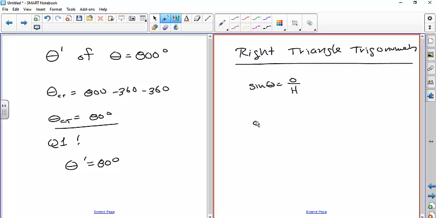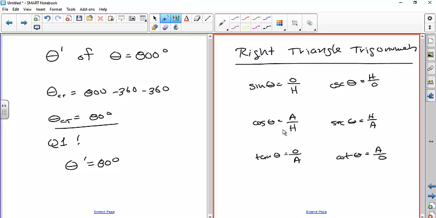The cosine of theta is the adjacent over the hypotenuse. The tangent of theta is the opposite over the adjacent. The cosecant of theta is hypotenuse over opposite. The secant of theta is hypotenuse over adjacent. And the cotangent of theta is the adjacent over the opposite. So those are all the six trig functions.